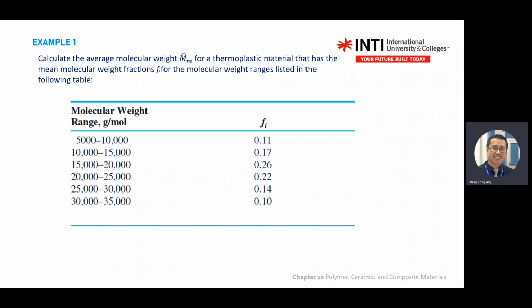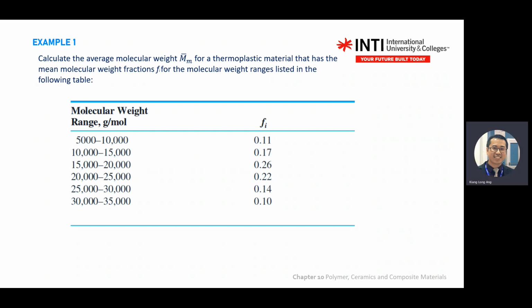A certain molecular weight, how many you have, right? Then you need to do some calculation. You are given the molecular fraction, Fi, for molecular weight range in the table. You need to find, for this type of polymer, what is the average molecular weight.